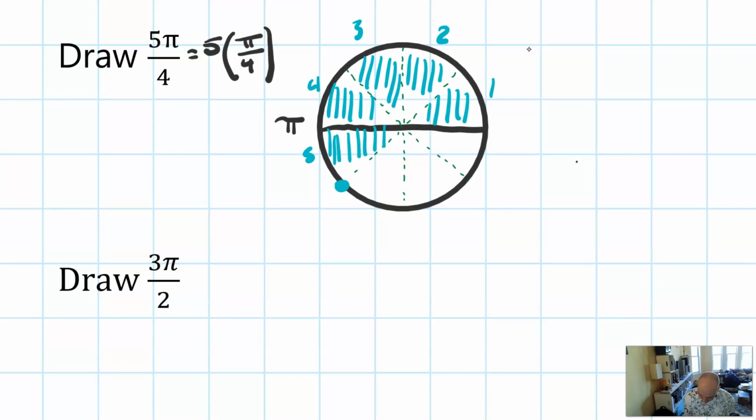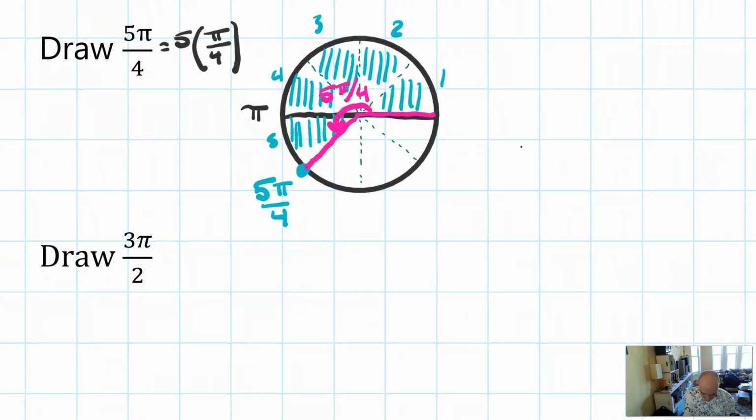So the angle that I was told to draw, 5 pi over 4, would end right there in the third quadrant, and the angle itself would be greater than 180. It would be into that third quadrant. So this is the angle 5 pi over 4. Again, the denominator tells you the size of your pizza slice. The numerator tells you how many slices you are taking or creating.